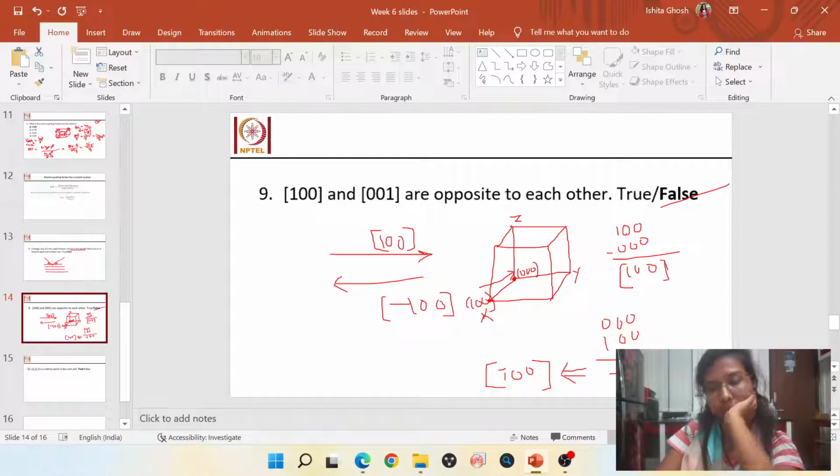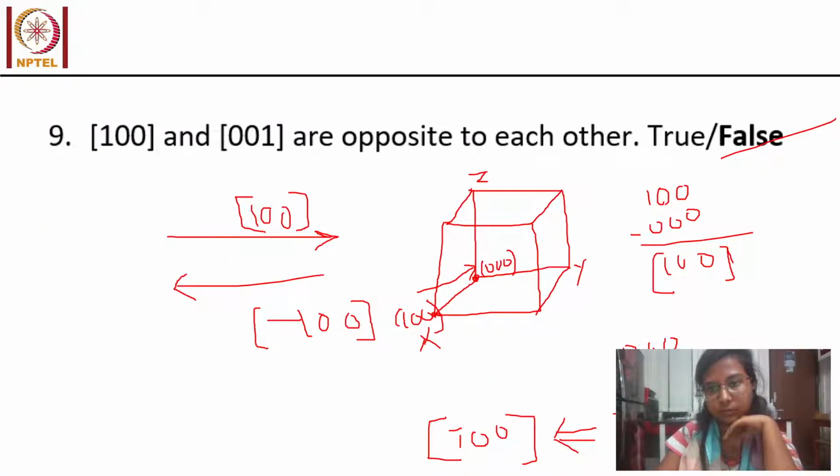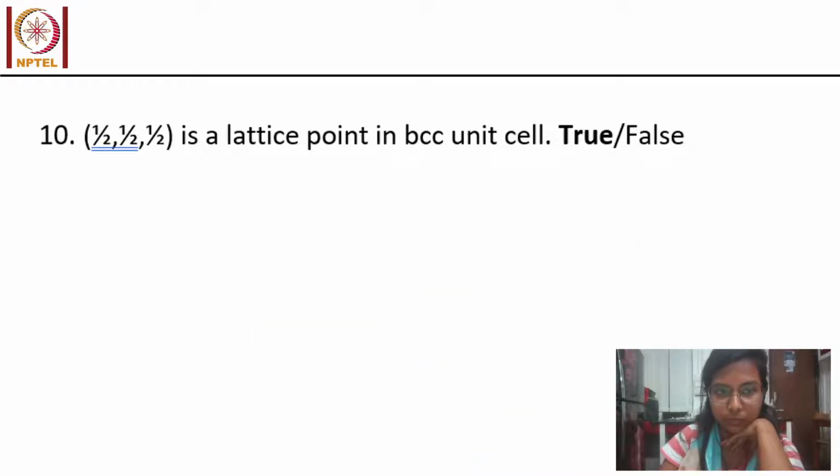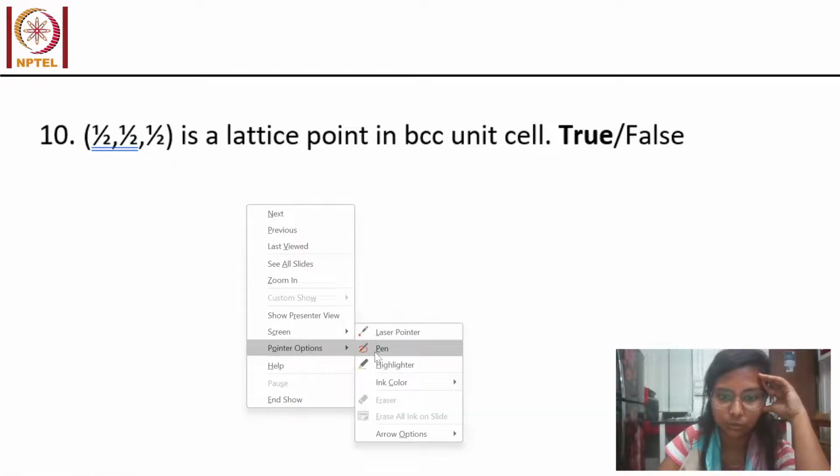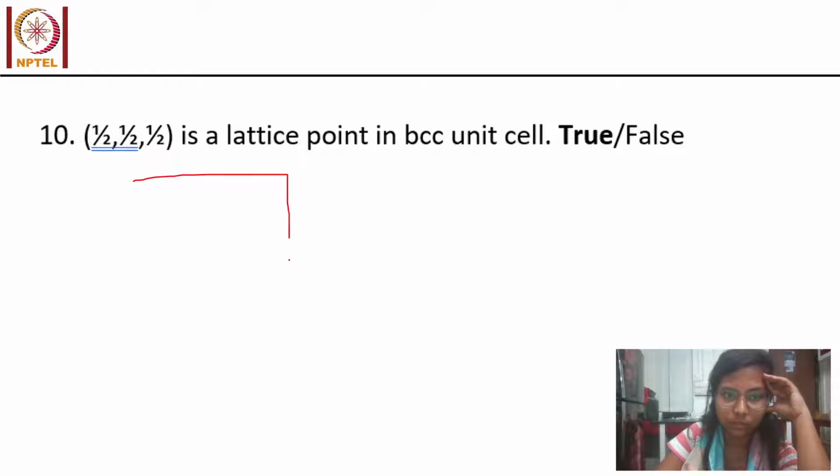Okay, so then we had another question. This is also a very easy question, whether half half half is a lattice point in the BCC unit cell or not. So we will again draw a body centered cubic lattice.